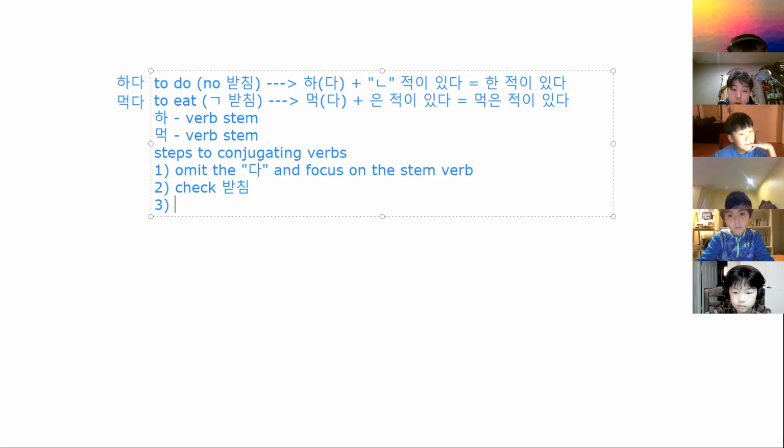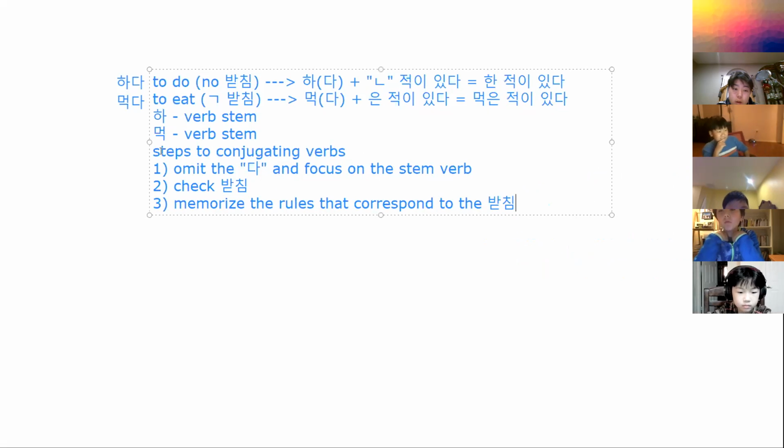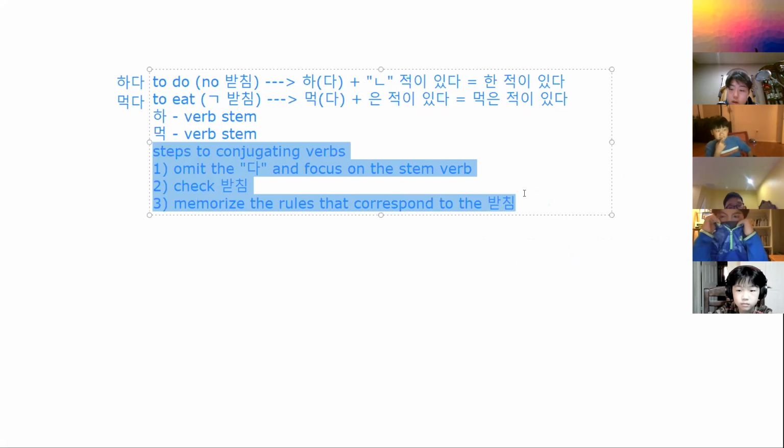And then number 3, memorize the rules that correspond to the 받침. Please memorize this. These steps right here are key steps to understanding how to conjugate regular verbs.